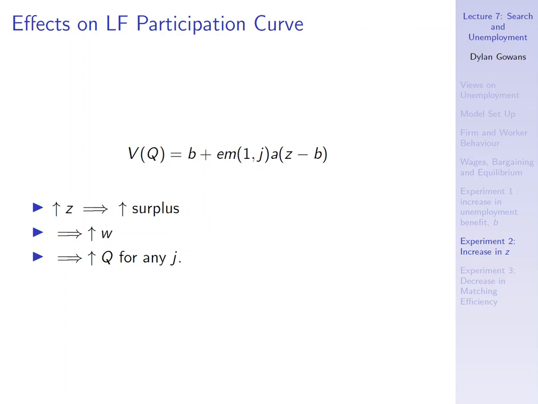And so the advantages of being in the labor market are now higher. My expected gain from entering the labor market is higher. And that means that for any J, remember, this is always defined for any J, Q goes up. So for any J, I now am more likely to want to enter the labor force, or more workers will want to enter the labor force.